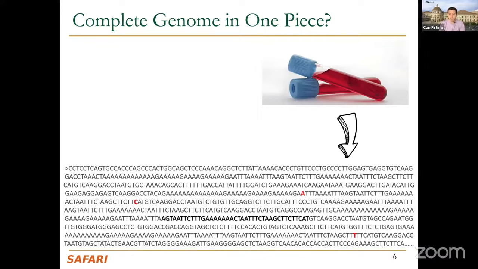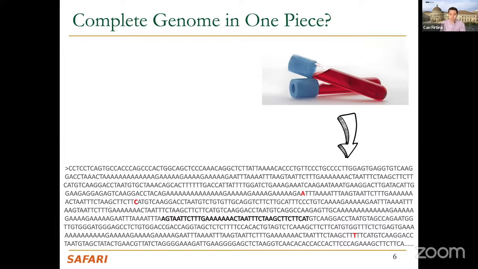It's a single piece of chromosome. The question is, can we give this particular chromosome as an input to our DNA sequencing technology and then take it again as one piece as an output?